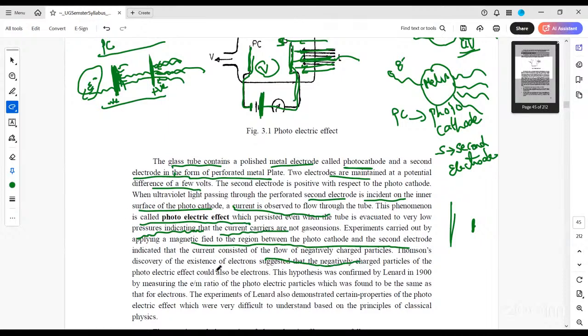So Thomson discovered the existence of electrons, such that the negatively charged particles of the photoelectric effect could be electrons. After applying the magnetic field, we observe some negatively charged particles. These are treated as electrons. This was observed by Thomson.